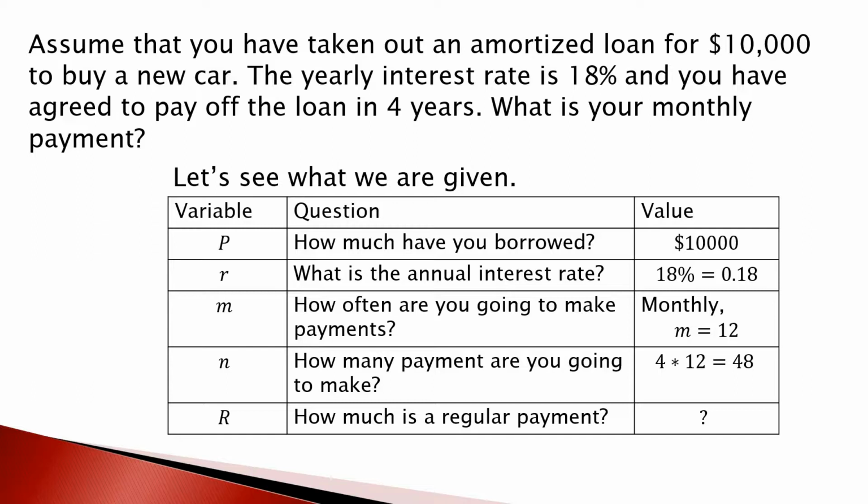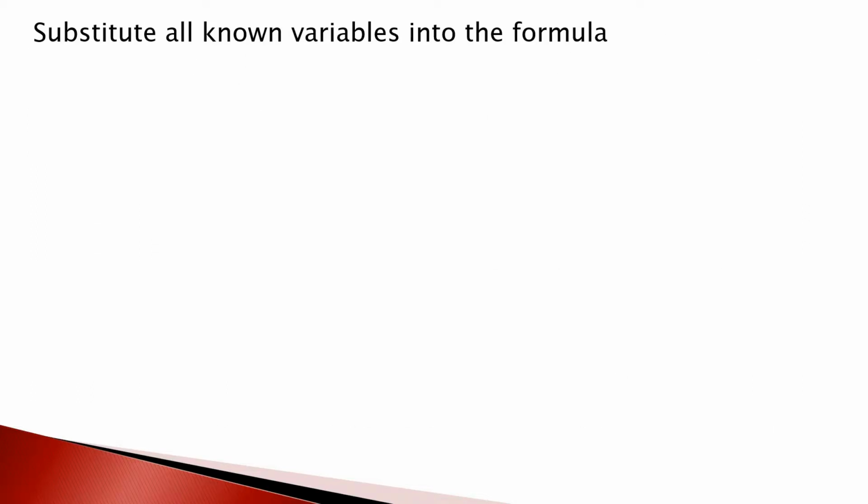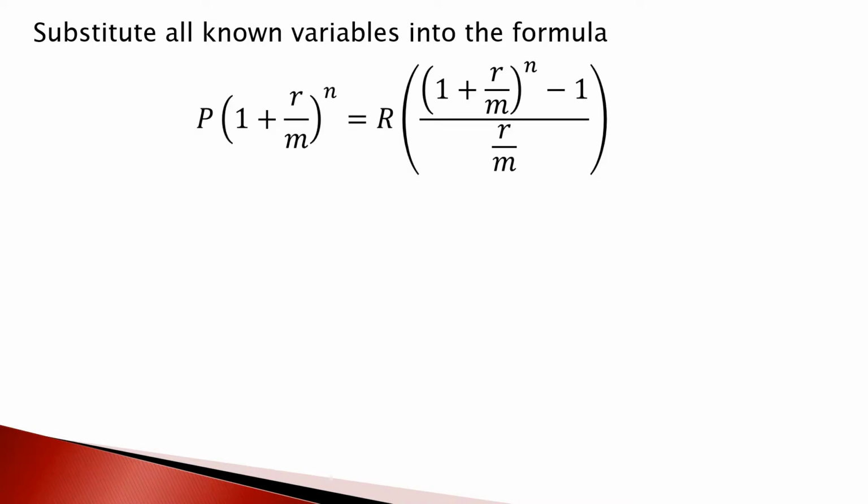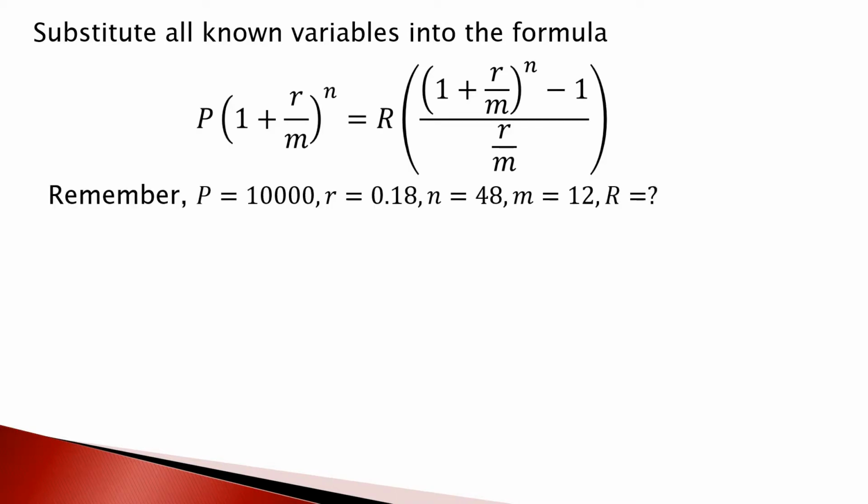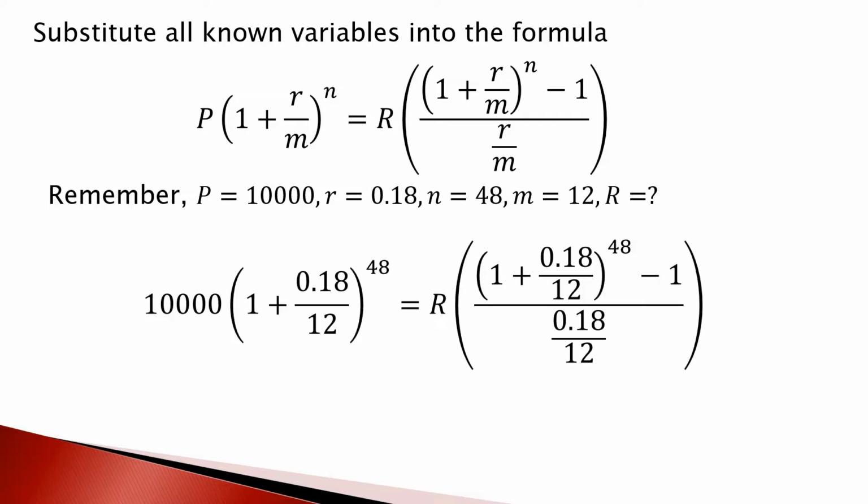So let's do some algebra now. We're going to substitute all known variables into the formula. Recall that capital P is 10,000, little r is 0.18, n is 48, and m is 12. Once you substitute all these variables into the formula, it will look like this.